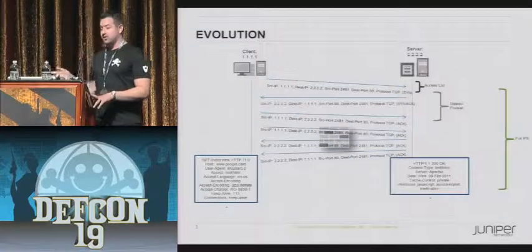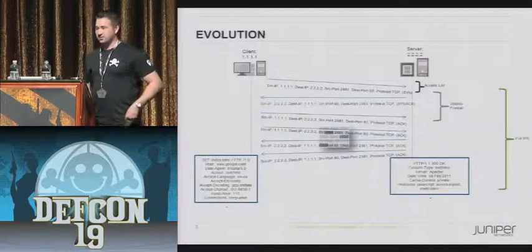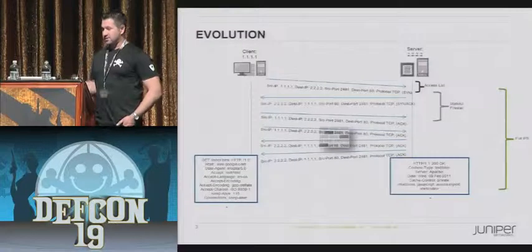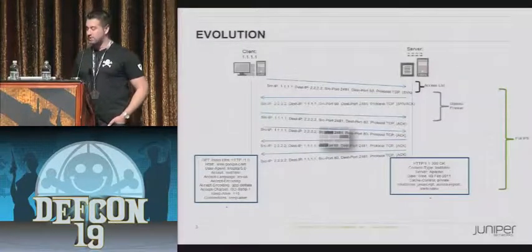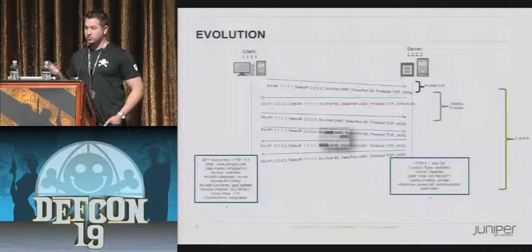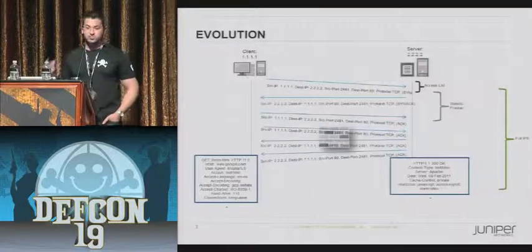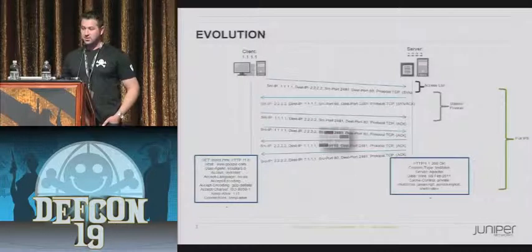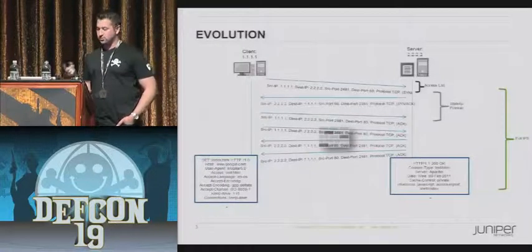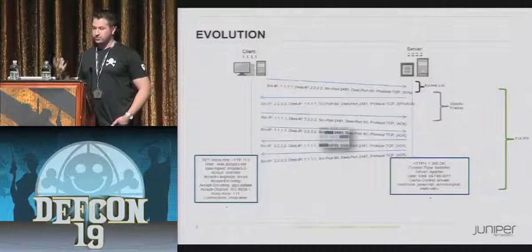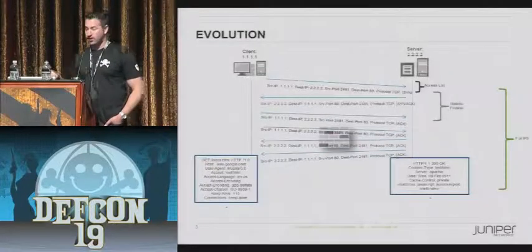Then we got full IPS, originally IDS, and basically that took into account a lot of the limitations of stateful firewalling. While stateful firewalls did a good job of restricting traffic, they didn't do anything to block exploits, or to look deeper into the flows and determine what the actual application behavior was.